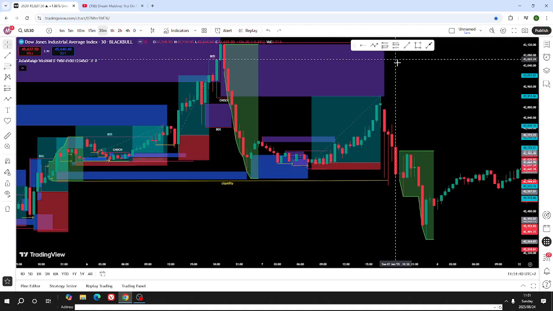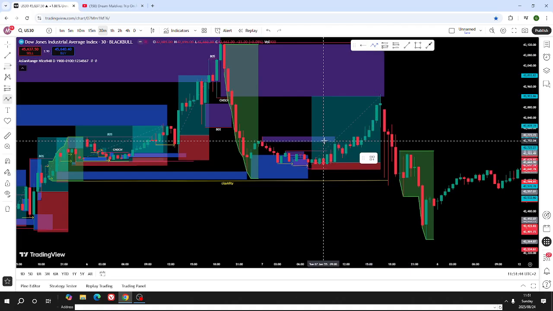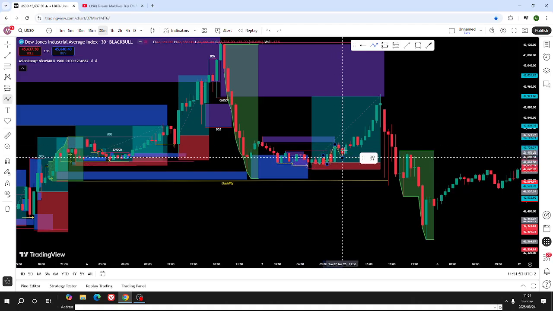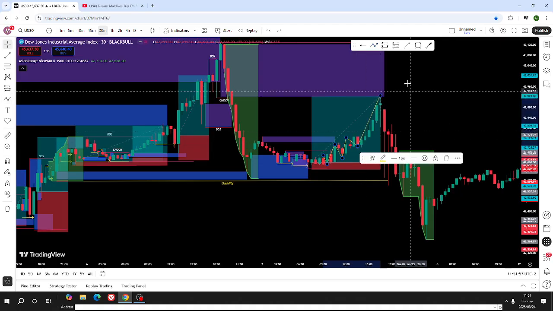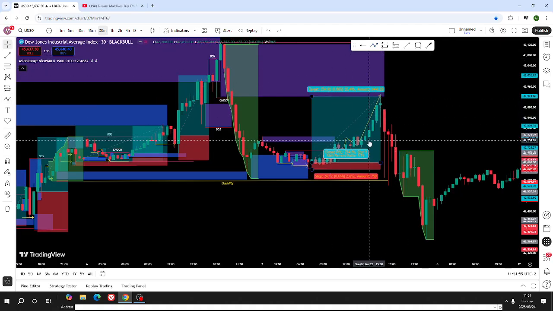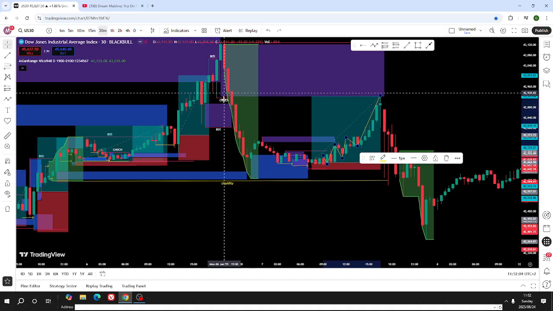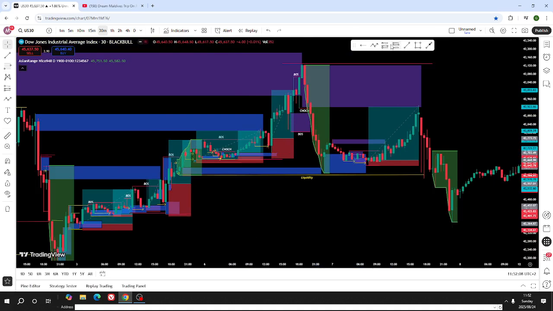So now, what do we see? We see that the market keeps on going to the upside. This creates a lot of liquidity within these lows. And because we had some changes of character and breaks of structure, we already know that we don't want to hesitate taking this buy.